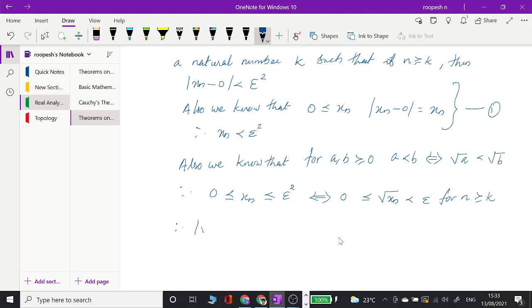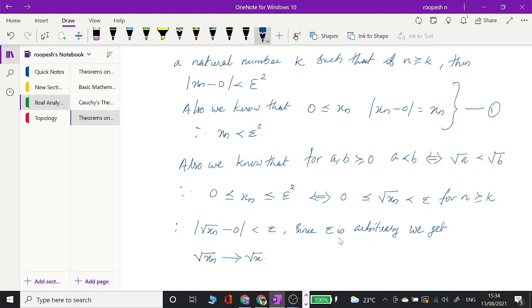Therefore, modulus of square root of xn minus 0 is less than epsilon, since I have taken square root of xn to mean the positive square root. Now since epsilon is arbitrary, we get square root of xn converges to square root of x.